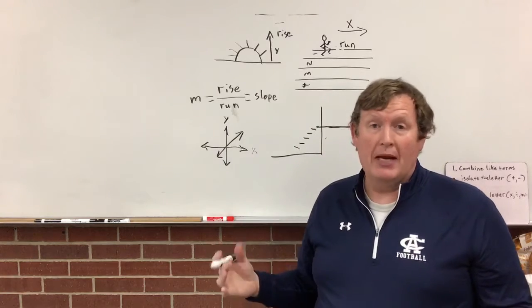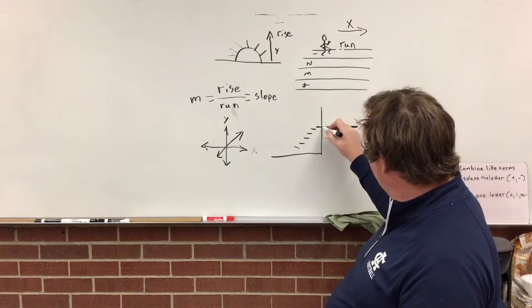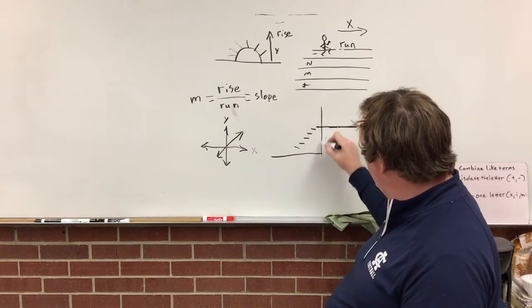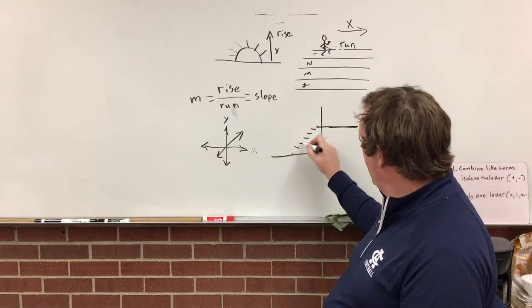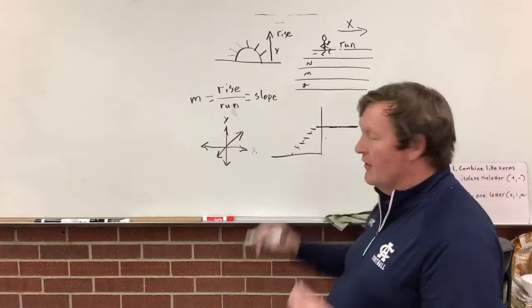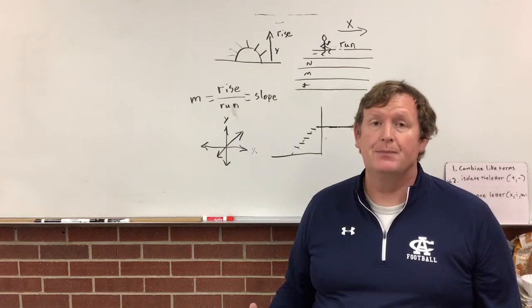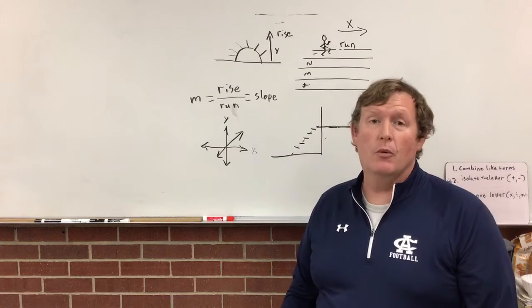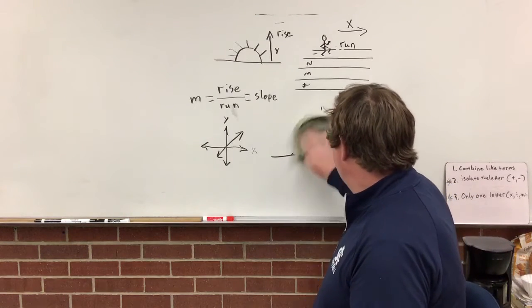We could figure out how tall this is, how far over that is, and with that, we could figure out what kind of a slope we needed to make our stairs. That's the practical use. How do we do it when we're working with our coordinate pairs on our grid?